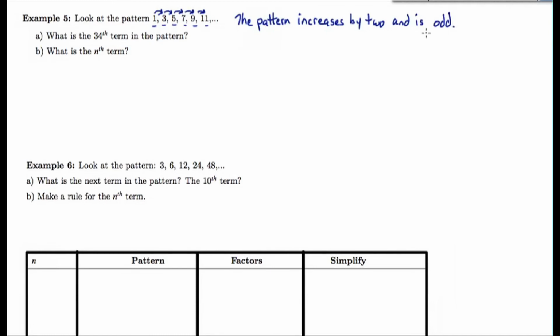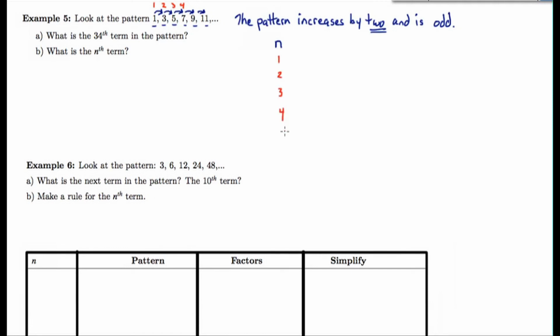So I hope you see that when we are increasing by a number, it ends up being multiplication in our equation. And in this case, we're increasing by 2. So let's call n our term number, so this would be our first n, this is our second, third, fourth, etc. Let me make a little table here.